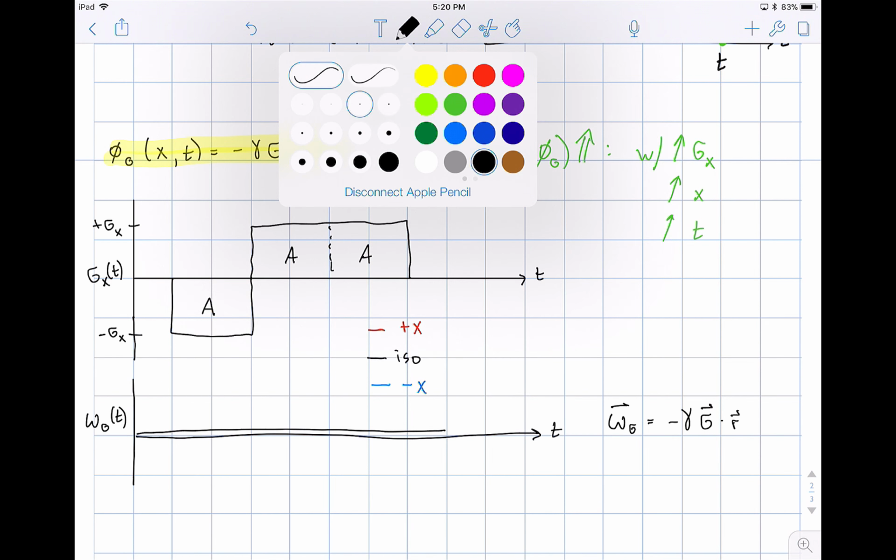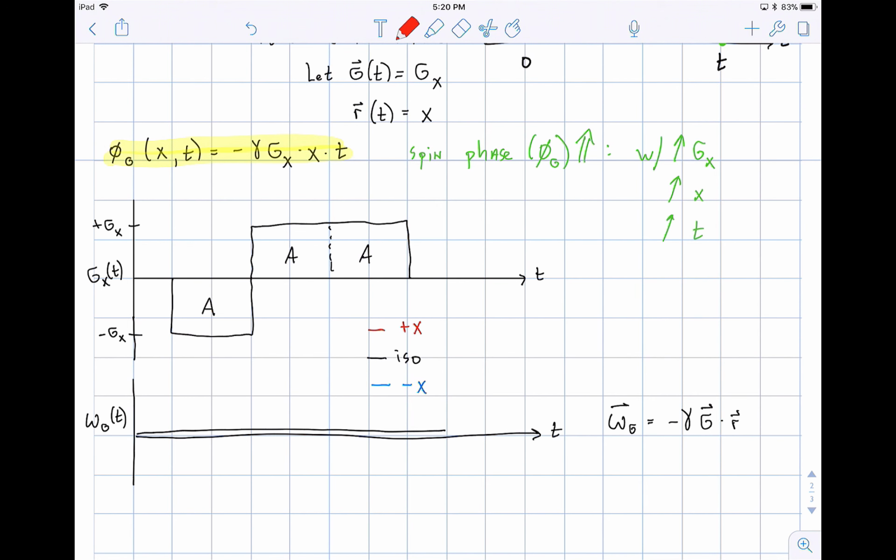And so if we are a spin that's a positive distance away from isocenter, then we're going to have a negative precessional frequency. So it's no precessional frequency to begin with, and it's going to become a negative precessional frequency while the gradient is negative. And then what happens when the gradients turn positive? Oh, sorry. You guys are wondering what I'm doing, right? So Tyler was right.